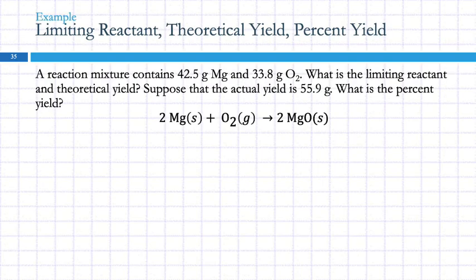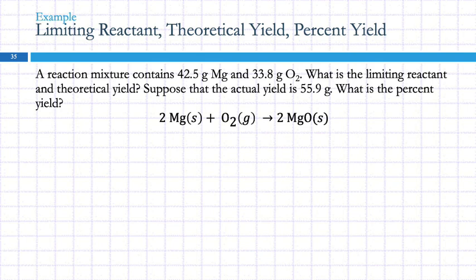Let's do an example. A reaction mixture contains 42.5 grams of magnesium and 33.8 grams of oxygen. What is the limiting reactant and theoretical yield? Suppose that the actual yield is 55.9 grams. What is the percent yield? Well, things just got real here, right? This is serious chemistry going on.